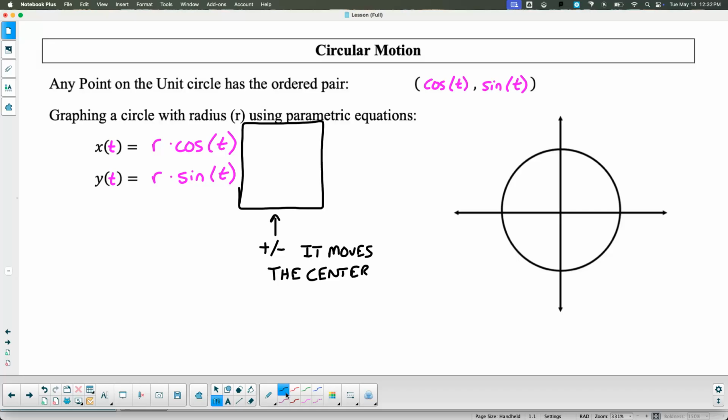It's straight up. So if it's -2, it moves it either down 2 or left 2. If it's plus, it moves it up or right. Excuse me, up or right. Misspoke there for a minute. Okay.